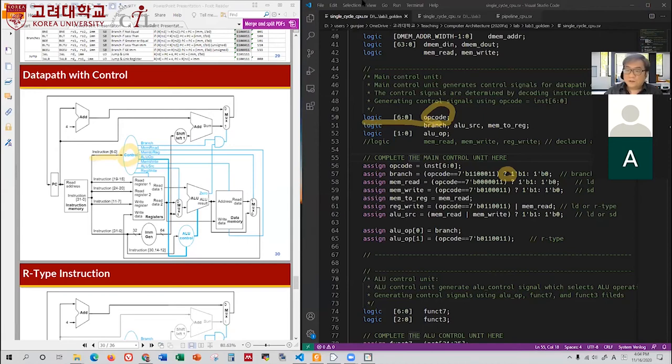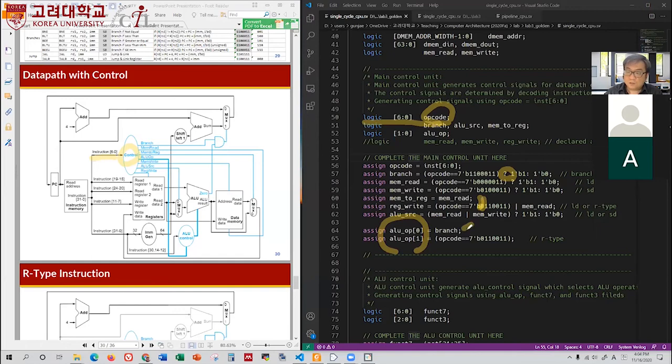We can also generate the other control signals based on the OP code like this. Also, we can generate the ALU OP signal here. Like if branch is 1, for the branch instruction, the ALU OP bit 0 becomes 1.